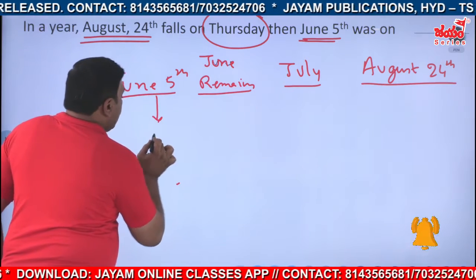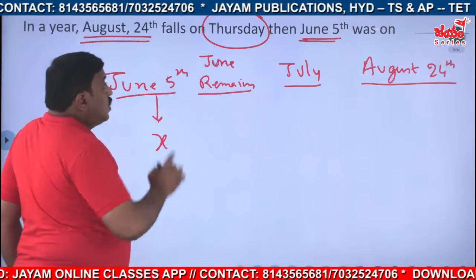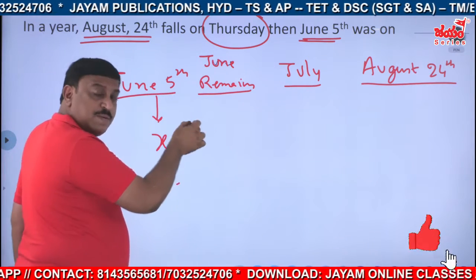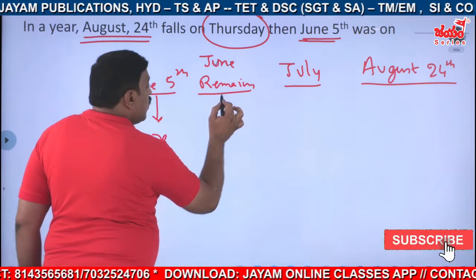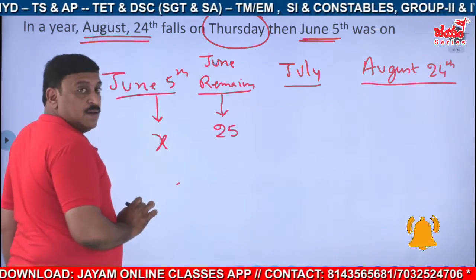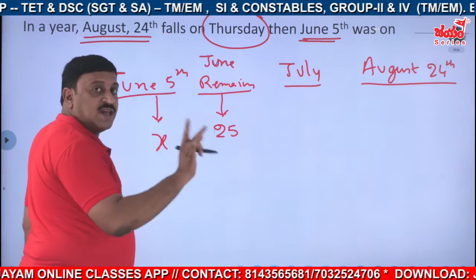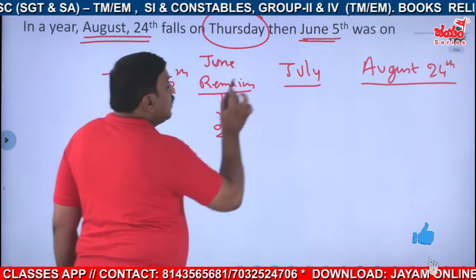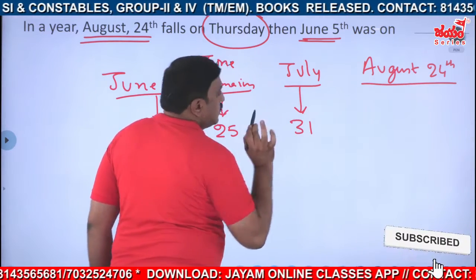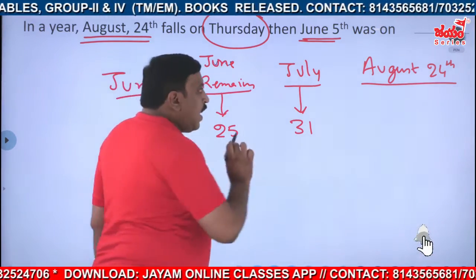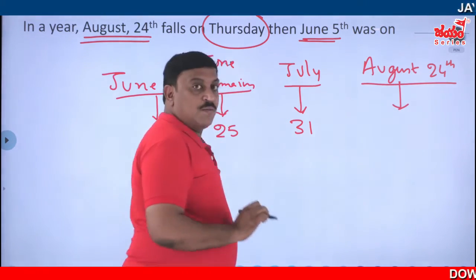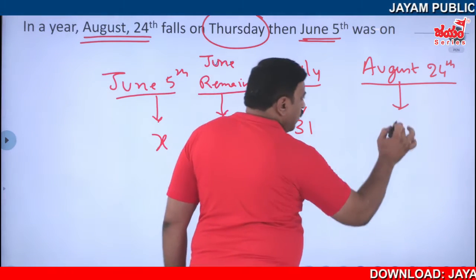June 5th, I'll put it as X. June remaining, how many days are there? 5 days are over, so 25 days are there. 5 plus 25, 30 days. Then coming to July, how many days is this month? 31 days. And coming to August, actually it is a 31-day month, but we have to calculate up to 24 only.